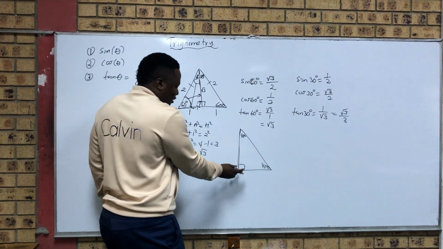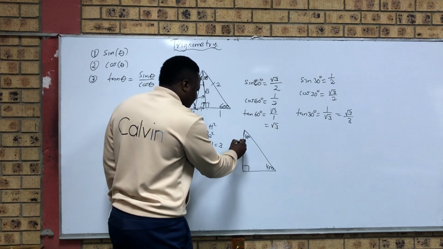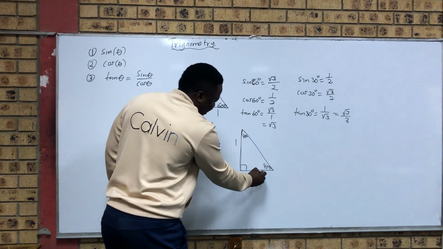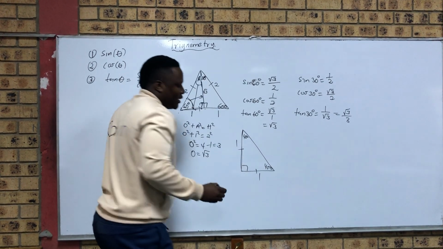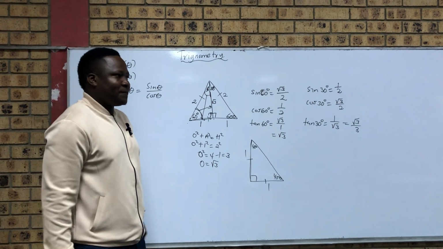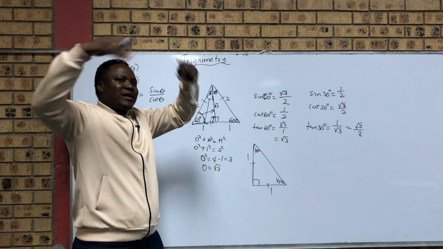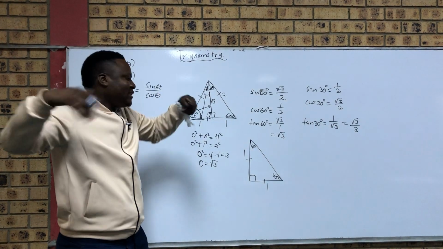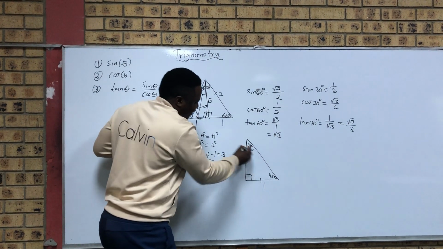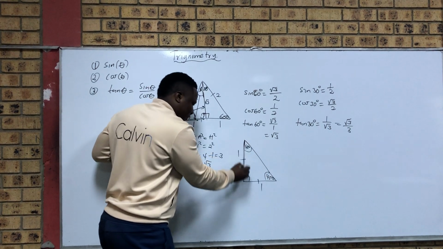So you're always given 2 sides. This one and this one, they say is 1, and this one is 1 because these 2 are equal. Remember, an isosceles triangle is when 2 opposite angles are equal, and also their sides are equal. Which means this one is the same as that.